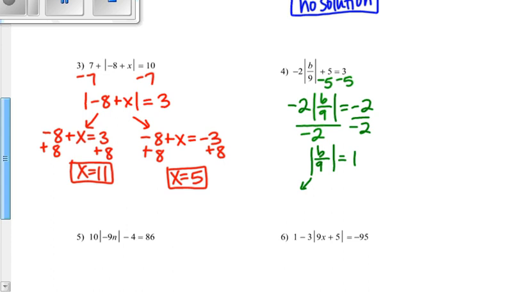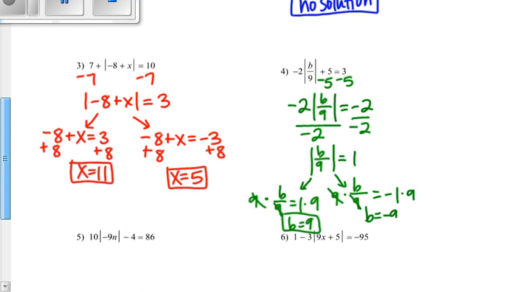So I'm going to say b over 9 equals +1. B over 9 equals -1. And then if I have b divided by 9, I'm going to multiply both sides by 9 to get rid of that. So I get b equals 9. And then over here, same process, which makes it kind of nice. B equals -9.